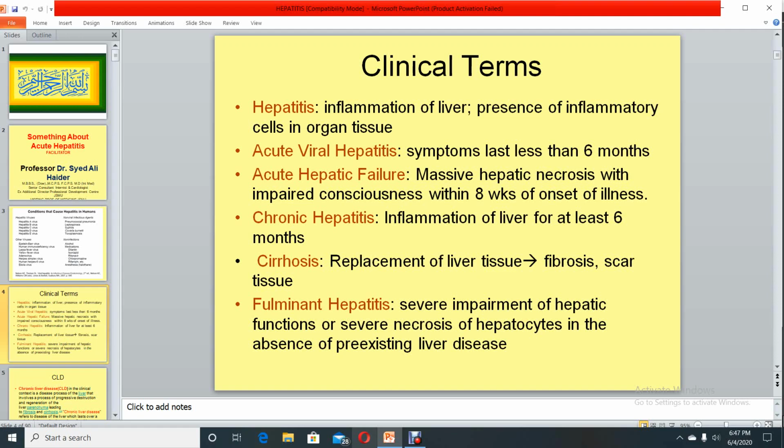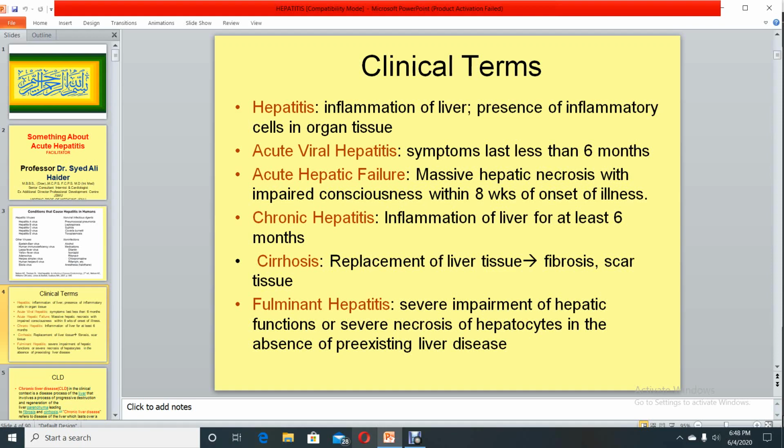Number 3, the evidence of regeneration. And number 4, the result of regeneration as fibrosis or nodulations in the liver. If you combine these things, then it is called cirrhosis. Otherwise, only fibrosis seen in the liver is not cirrhosis.